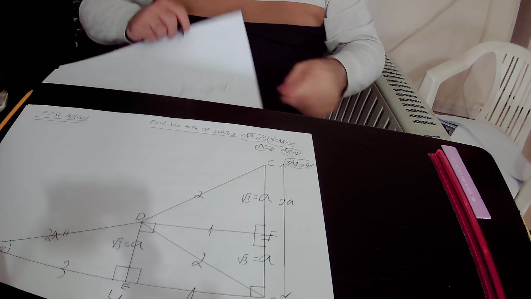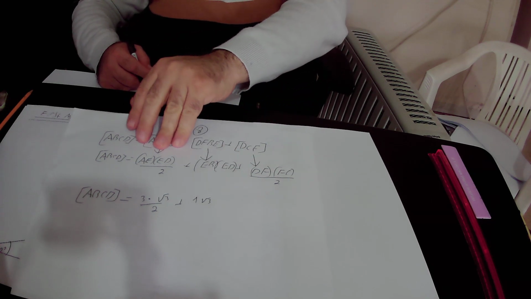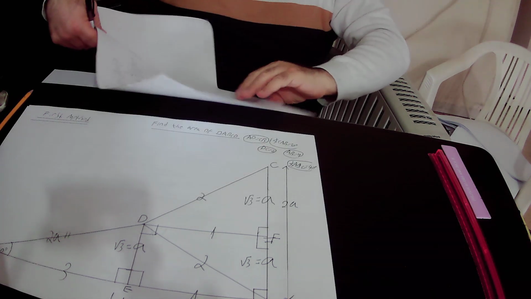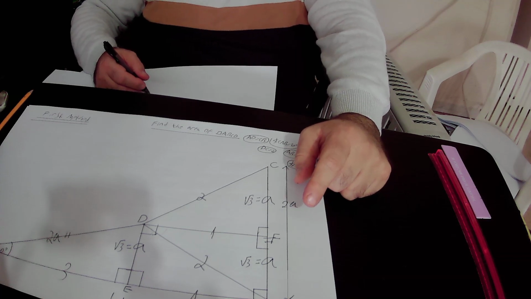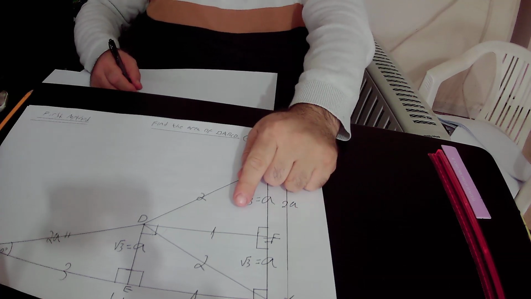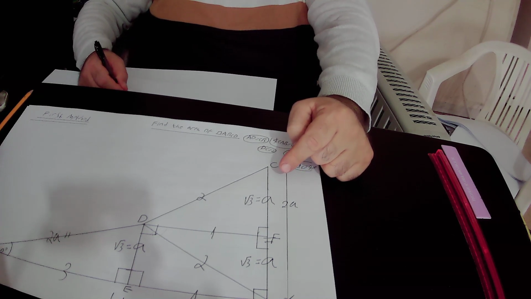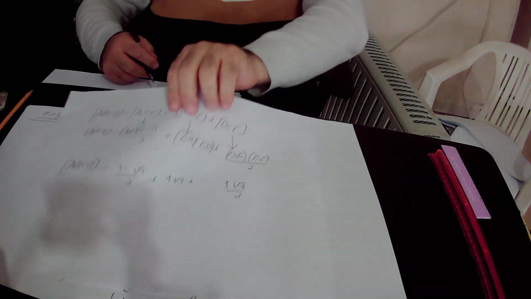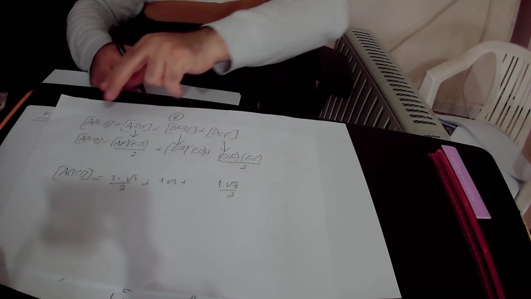So the area of rectangle DBEF equals square root of 3 square units, plus the area of triangle DCF, that is DF, which is 1, times CF, that is square root of 3 over 2. So here we will multiply square root of 3 by 2 and then divide it by 2 in order to have a common factor with the other two expressions.